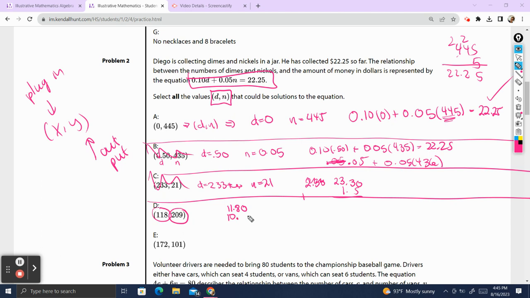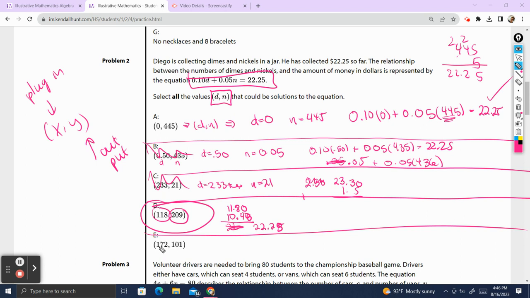Plus the extra 9 nickels, 9 times 5 is 40, is going to give us 40 cents, which is going to get us 22.20, which is really close, but not quite. And I lied because 9 nickels is 45, which actually gets us 22.25. So this is correct. Now remember, when you're doing mental math or I'm showing mental math, make sure to double check it in a calculator.